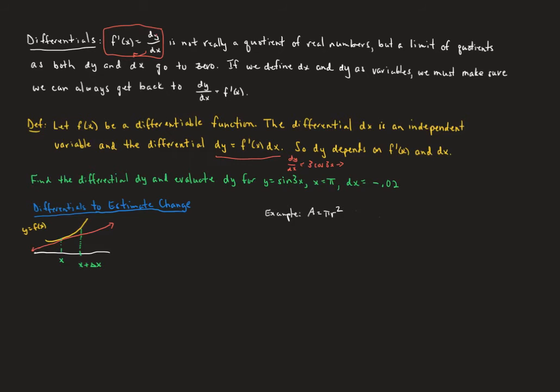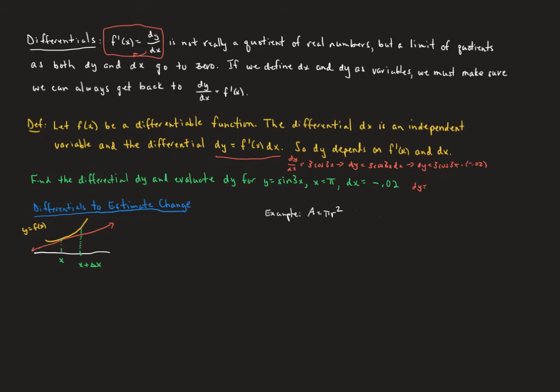We'll multiply the dx to the other side, so we'll get our differential dy is 3 cosine of 3x times the differential dx. Then we'll plug in our numbers, so dy is going to be 3 cosine of 3 pi, times our differential dx, which is going to be negative 0.02.